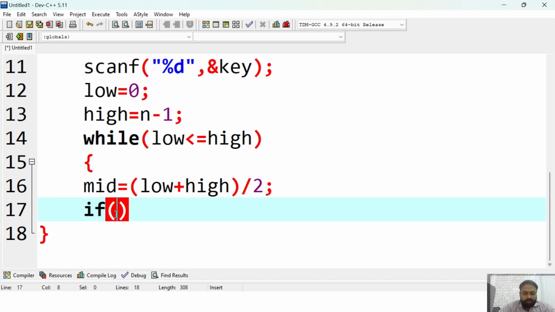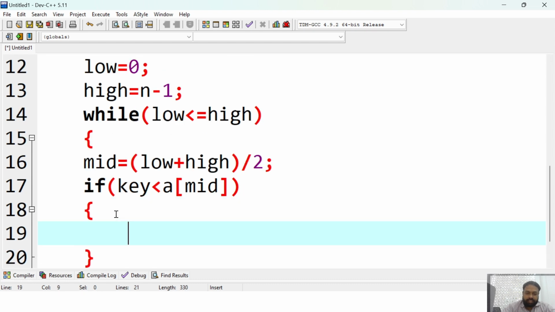If your key element is less than a of mid, in the sense the first half, in the first half, as per the diagram, you just observe here.